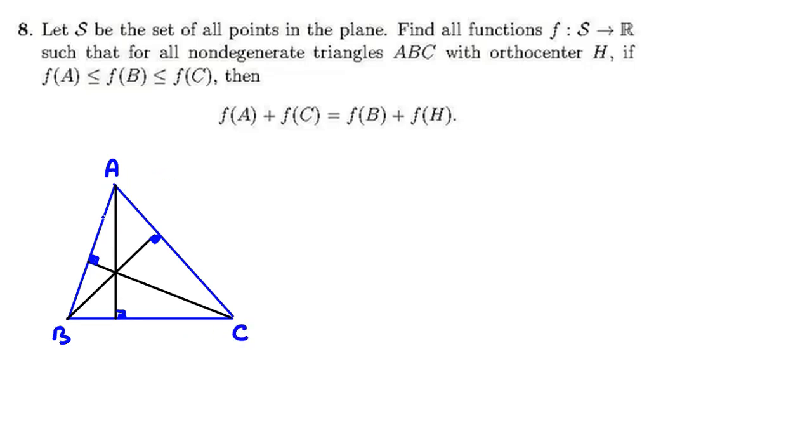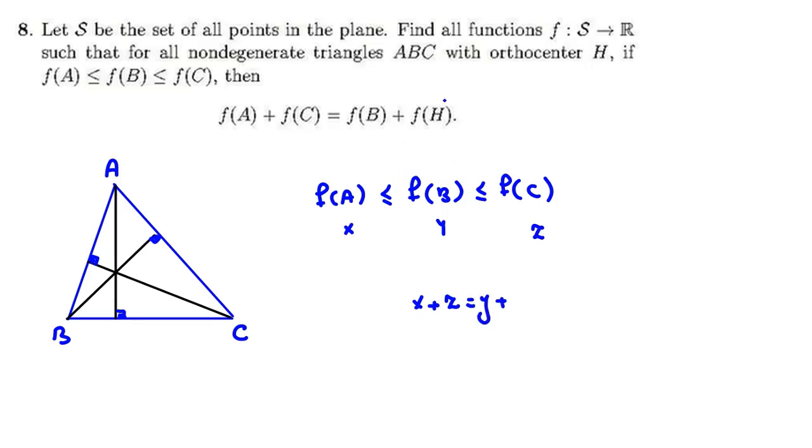Suppose f of A is less than or equal to f of B, less than or equal to f of C. So suppose, for example, f of A is X, less than or equal to f of B, which is Y, less than or equal to f of C, which is Z. Then f of A plus f of C, first one plus last one, equals the middle one plus f of H. Suppose f of H is W. Another important thing is that non-degenerate means the area is not zero, meaning the vertices are not collinear. So here is our H.